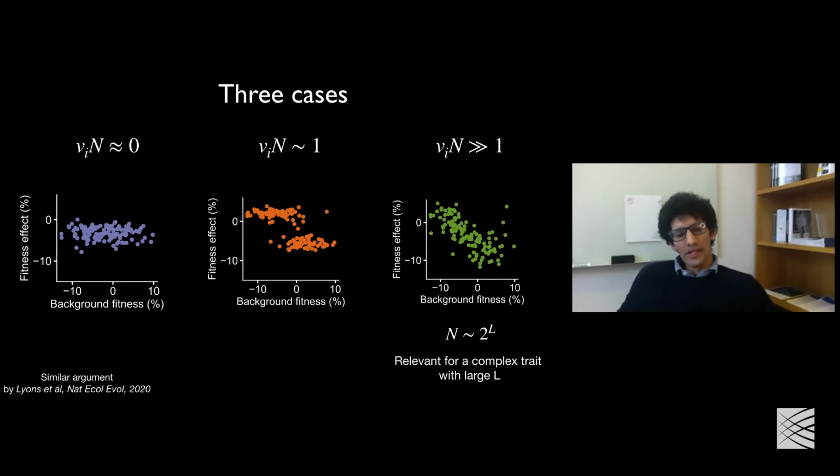So we can split this into 3 different cases. This is again recapitulating the experimental observations that I described before. The first case is that you have practically no epistasis effects for this locus, and so you should see that the fitness effect is simply an additive effect. It's a constant. It does not depend on the background fitness.